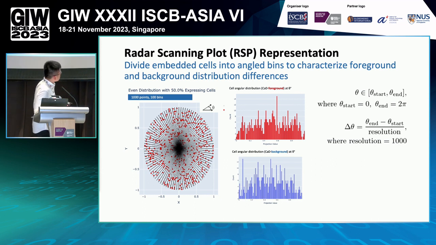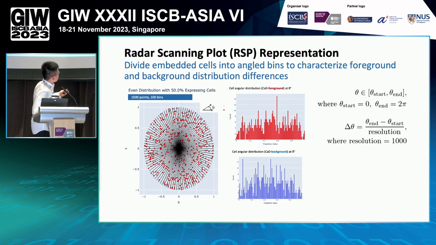So over here is a simulation of 1,000 points inside a unit circle, where we highlight 50% of these marker cells just to show what it might look like. You can see here that we have divided this whole figure up into 100 angles, and each angle will be considered as a bin to be plotted with the histograms.